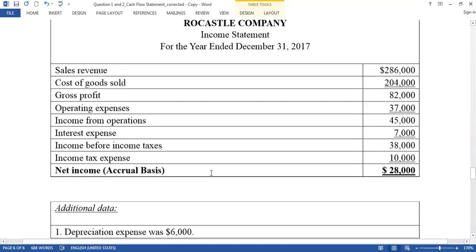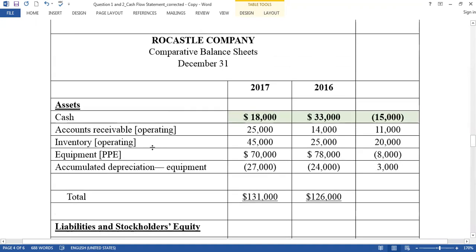Now read the question. The question says that accounts receivable is our current asset and it is increasing. So a non-cash current asset increase means cash is not with you.